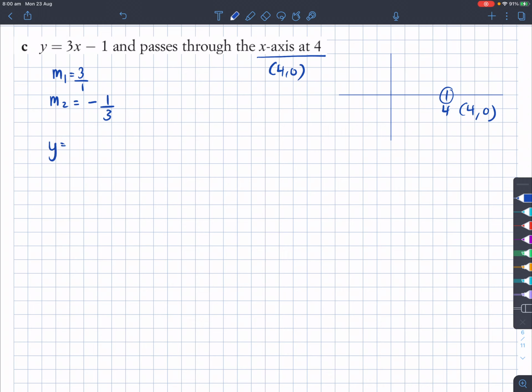And the equation that we need to find is y equals mx plus b, containing the gradient of the perpendicular line to this.